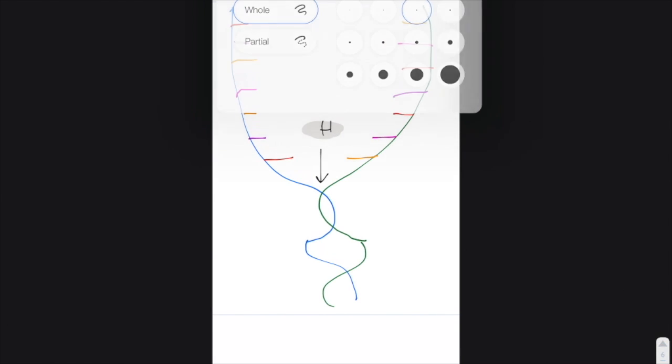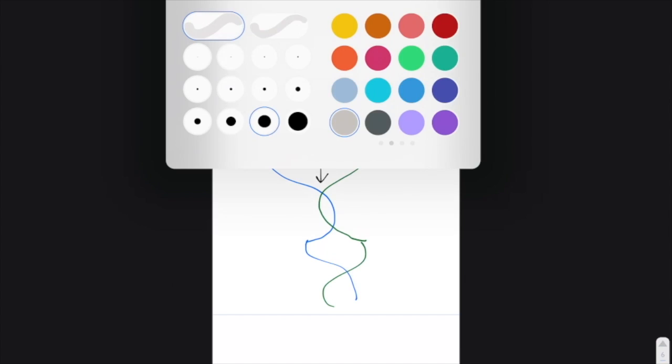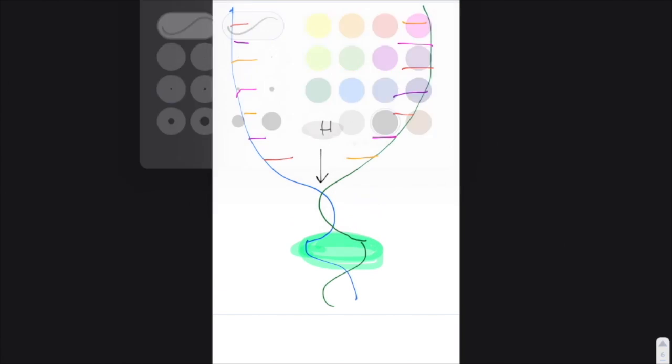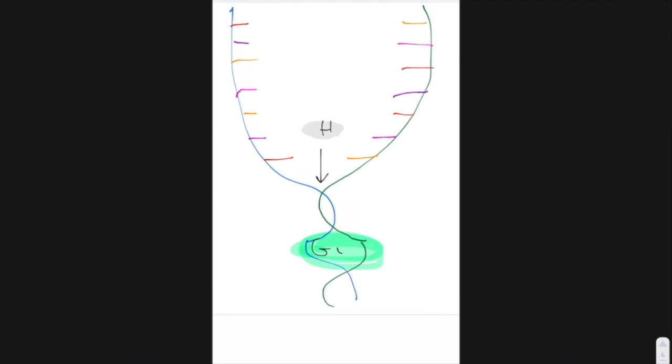So that's the purpose of having an enzyme called gyrase, which is a topoisomerase. So gyrase, making sure that as helicase is unzipping the DNA, the rest of the strands are not becoming intertwined together.